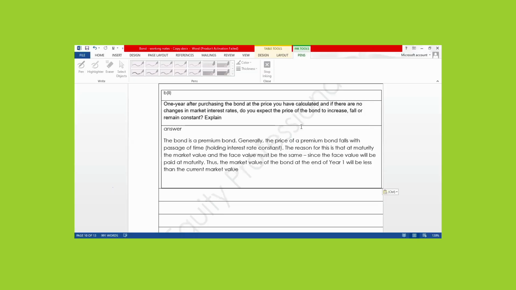In 3 years' time, the redemption value will be 1,000 naira, which implies that in 3 years' time, the market value of the bond is 1,000.